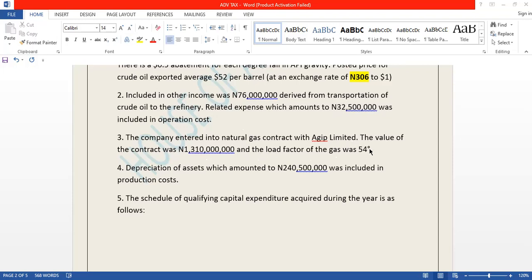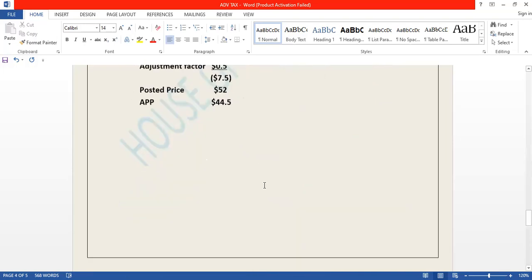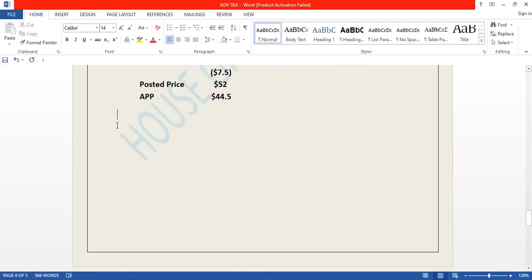So to calculate your load factor, I'll be giving you the information about that shortly, which is going to be note 3. There's nothing on note 2. So let's call this one workings 2 on note 3. Here, I believe you must have done load factors, but if you have not done that, no problem. We are going to work on that shortly.